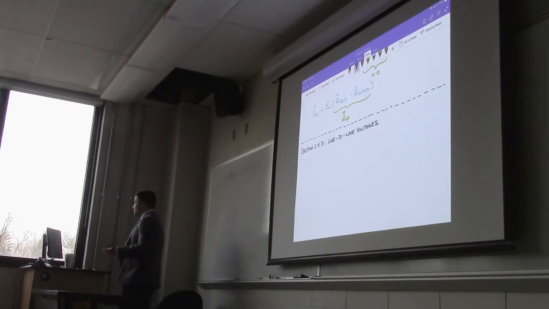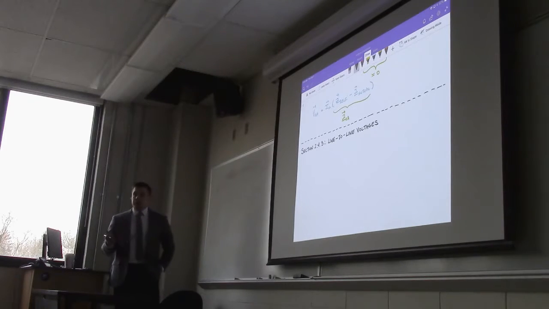So the actual description of a line-to-line voltage, conceptually it's easy to understand. What we're going to get into in this part is what are the equations that we need to go back and forth. Because if you do a per phase analysis, you're going to end up with all line-to-neutral voltages.